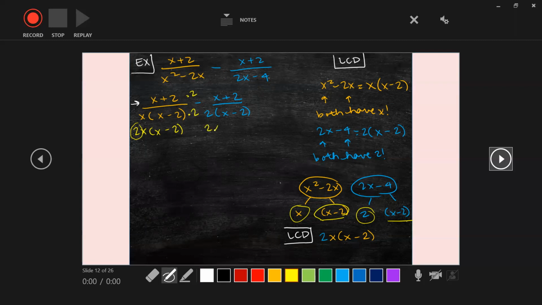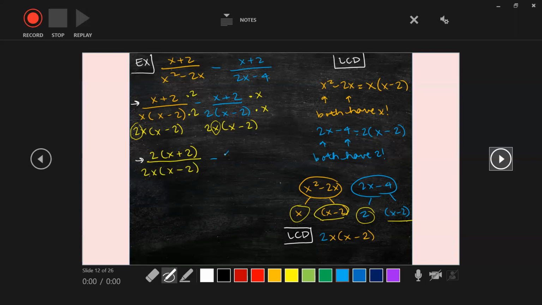So if I'm trying to get this denominator to be 2x times x minus 2, Jesse, what do you think I need to multiply the numerator and the denominator by? x. That's the only thing that's missing, right? So let's write that out. So I've got 2 times x plus 2 all over 2x times x minus 2.